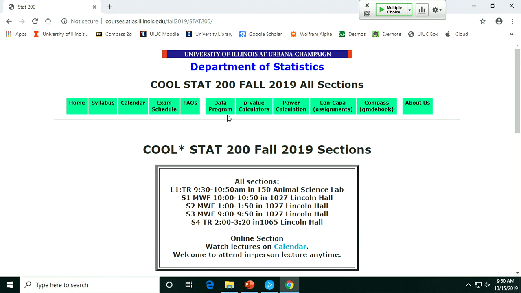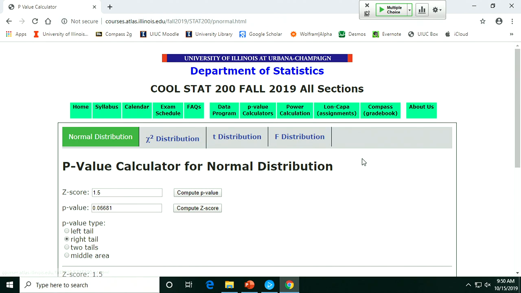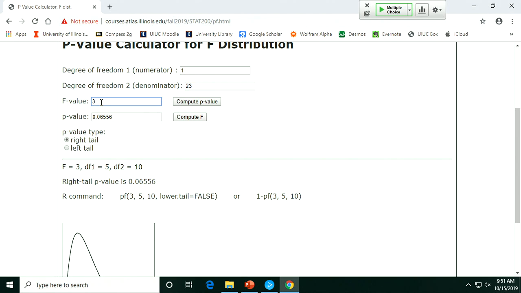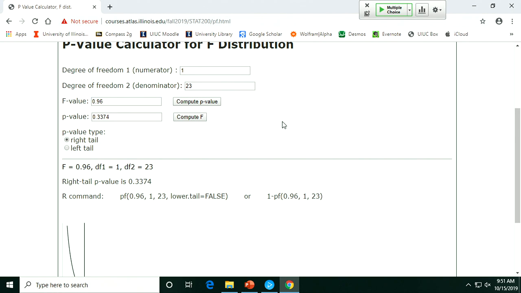Okay, so here's our usual calculator. Now we're going to the F distribution. And we have 1 degree of freedom here in the numerator. And we said we had 23 in the denominator. And we got a statistic of, what was it, 0.96. Right, and we want to compute a p-value.